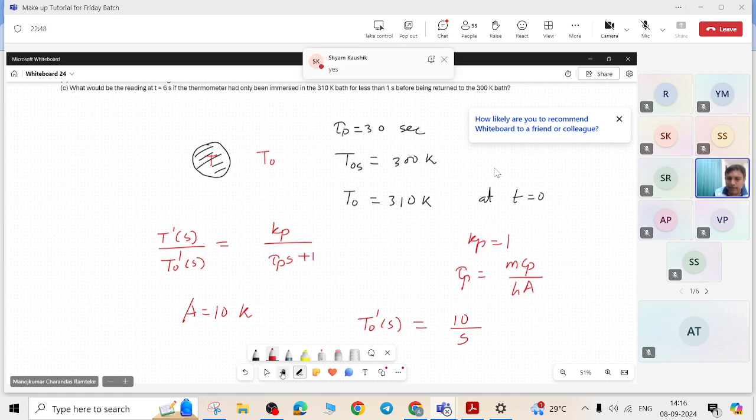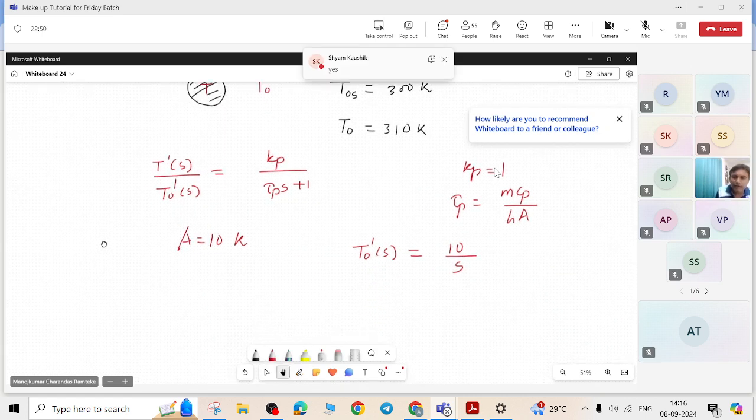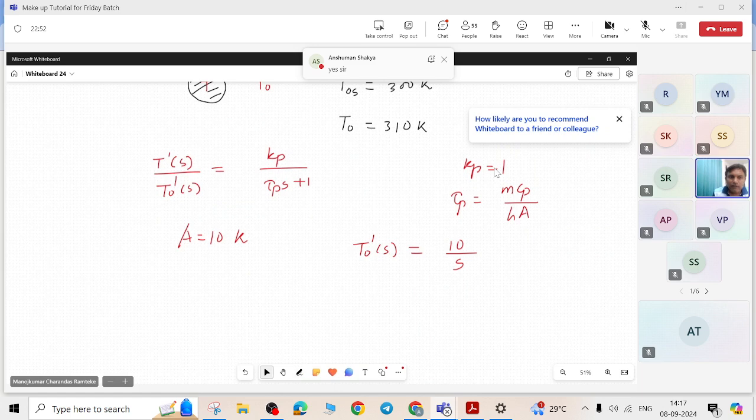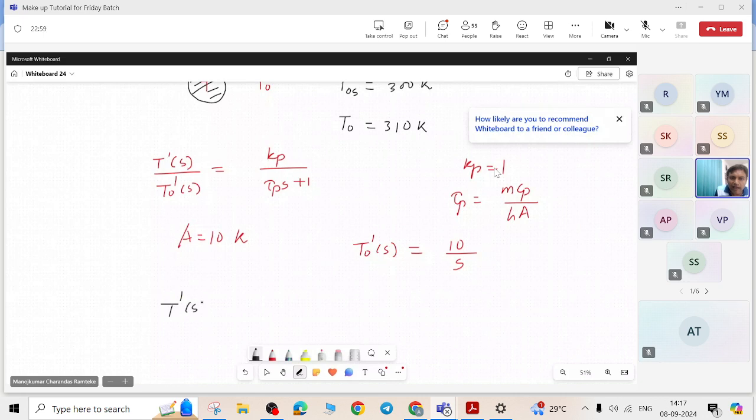So with that we will get this expression. Maybe I can do it in a generalized form. T naught dash S is A by S, and we get T dash S as A by S into Kp over tau p S plus 1.